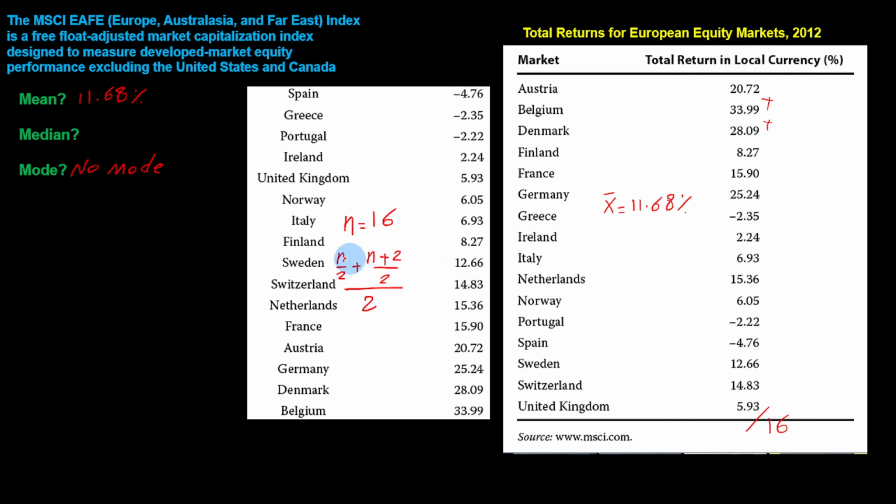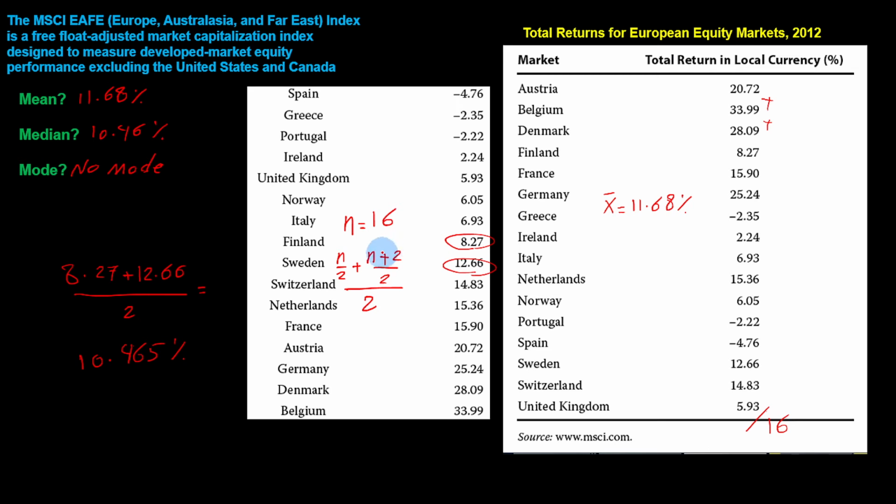So the middle items would be n divided by 2, that will be 8, that will be Finland, and this one would be Sweden. So I'll write it over here, 8.27 plus 12.66, everything over 2, that will give me 10.46%, that will be my median.